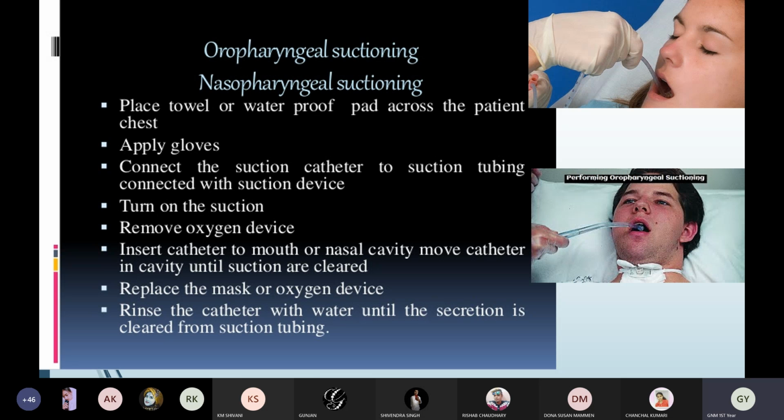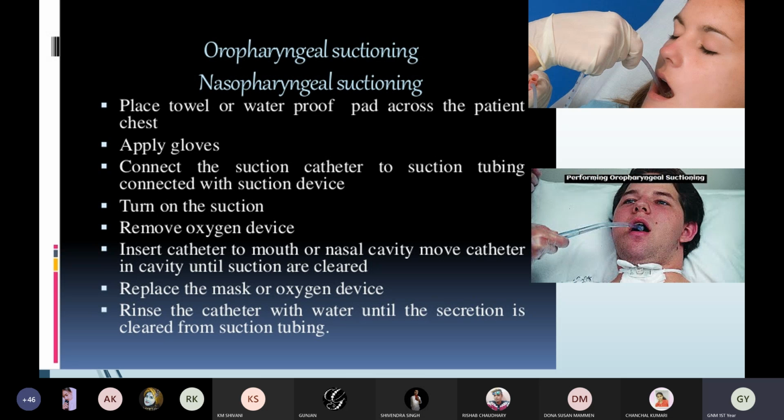So if the patient is on an oxygen mask or a nasal cannula, after removing secretions we can put it back onto the patient's nose and mouth.